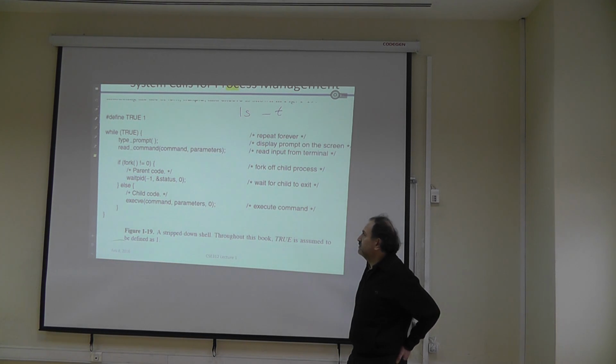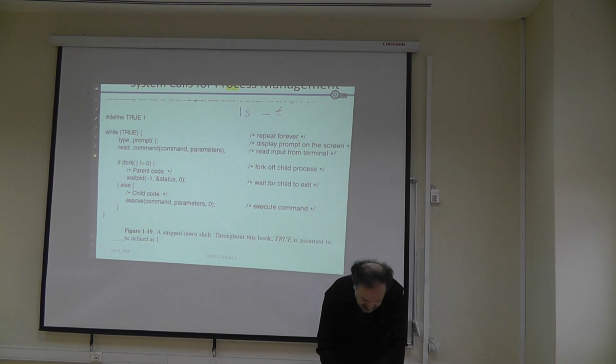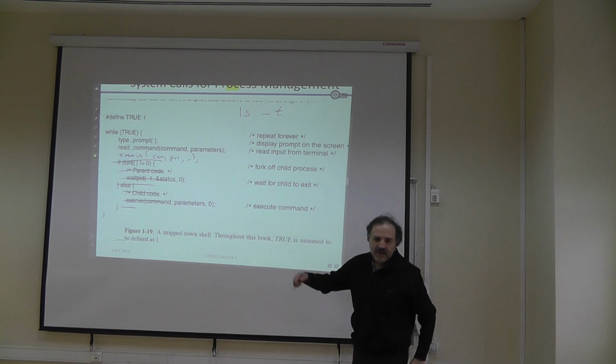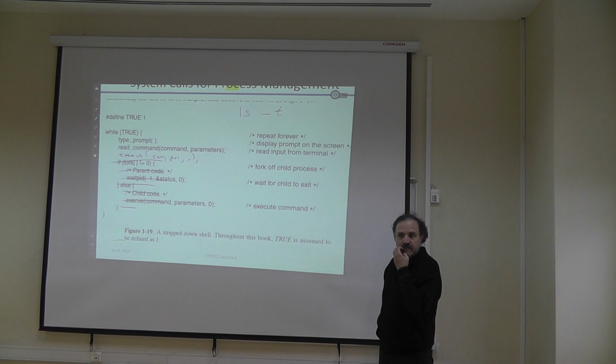Yeah. But you just say do this: execve command and parameters and 0, and don't write any of these. And I am in a loop. Read the command and execute it. Read the command and execute it. Why don't we do this?